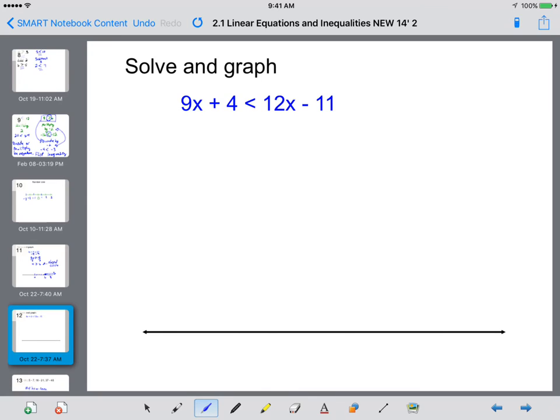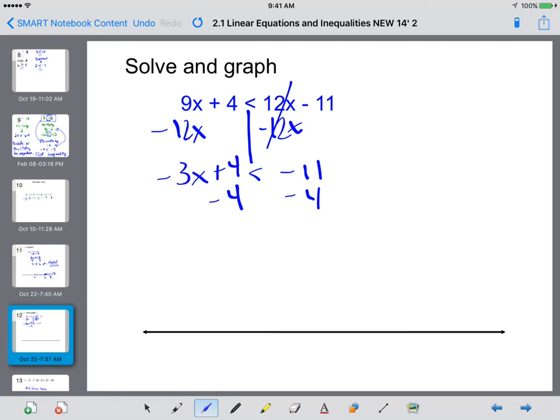Here's example 2. I've got to get the x's on the same side of this inequality, so I'm going to subtract 12x on both sides. So that I've got negative 3x plus 4, which stays the same because adding and subtracting does not do anything to it. Now I've got to subtract the 4 over.